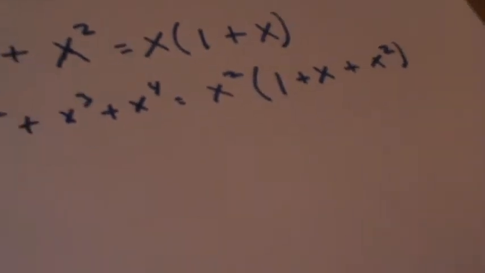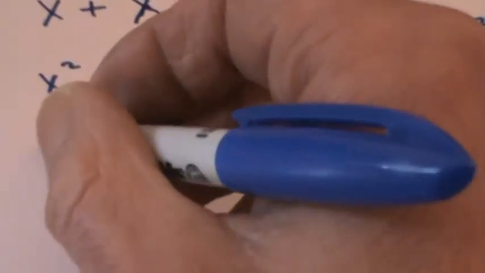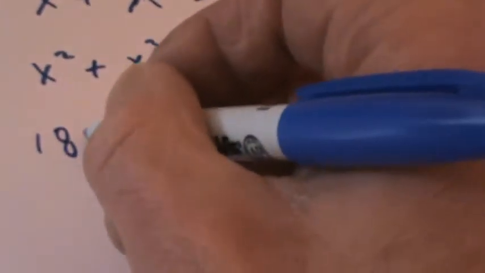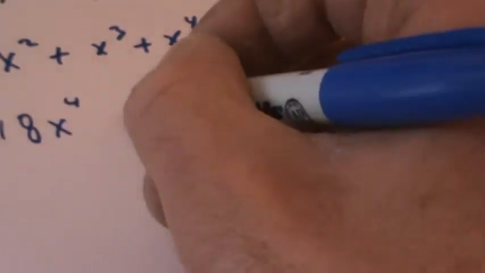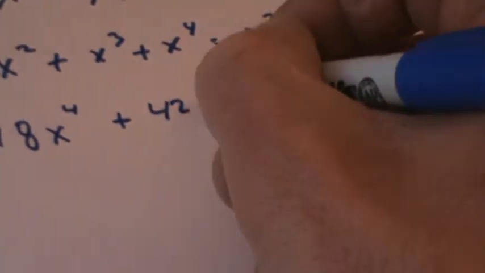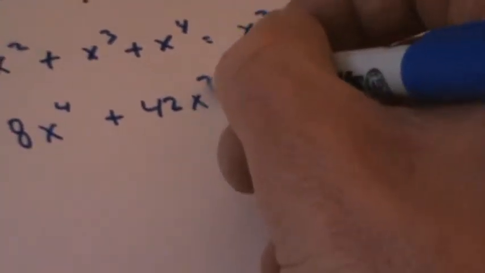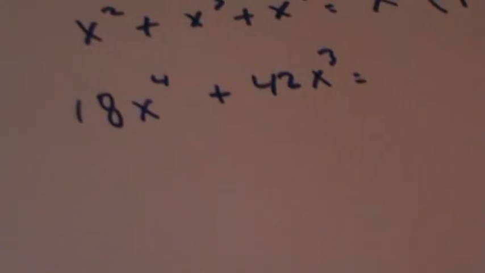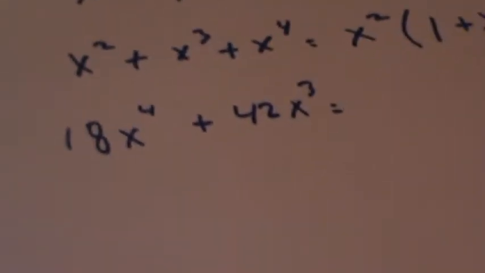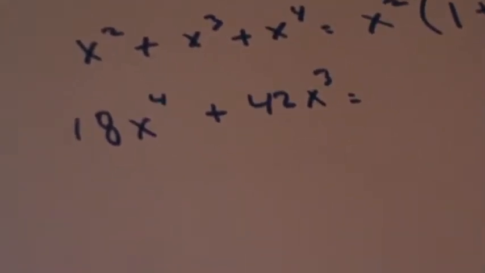Now, if we take a look at some more different types of problems, suppose you've got some numbers and variables together. Suppose you've got 18x to the fourth plus 42x to the third. So in this case here, the simplest thing to do is to look at the numbers first, 18 and 42.